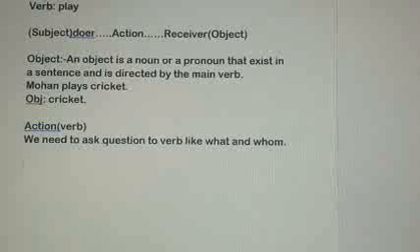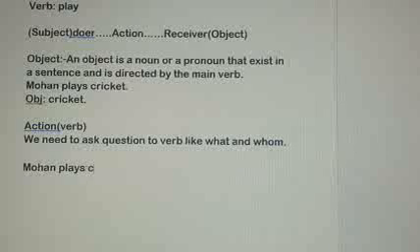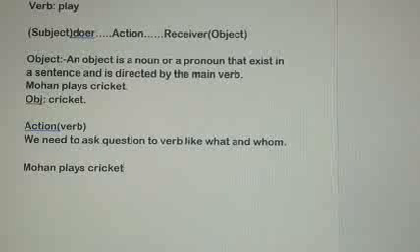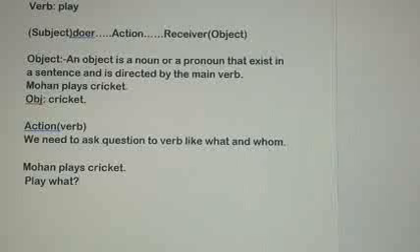How? Let's see. Mohan plays cricket. It's our example. Let's ask what. Play what? What will be the answer?